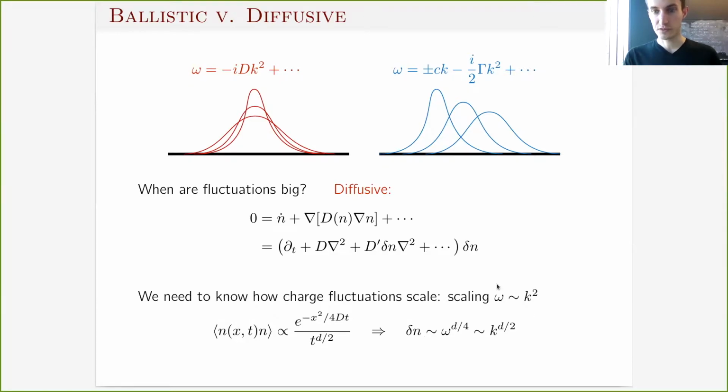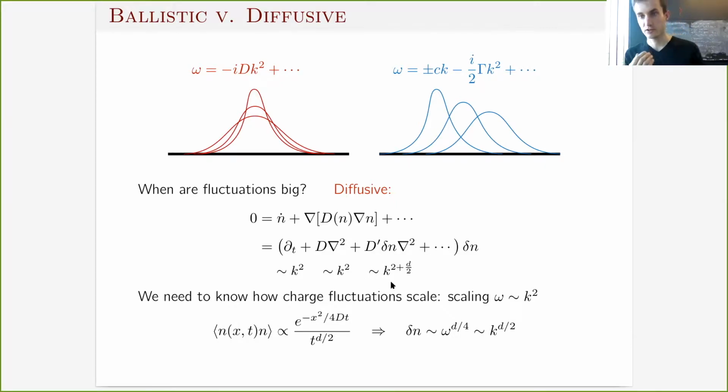In a diffusive system, omega goes like k squared. So this is like wave vector or gradient to the d over 2. So if we look back at this equation, we have our two linear terms that have the same scaling by design. And then this nonlinear term just has an extra power of charge fluctuation, and so it's going to have a positive extra power of wave vector k.